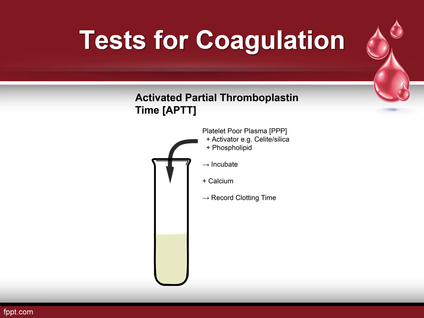The addition of calcium pre-warmed to 37 degrees initiates clotting and the timer is started, the clotting time. The APTT is the time taken from the addition of calcium to the formation of a fibrin clot.